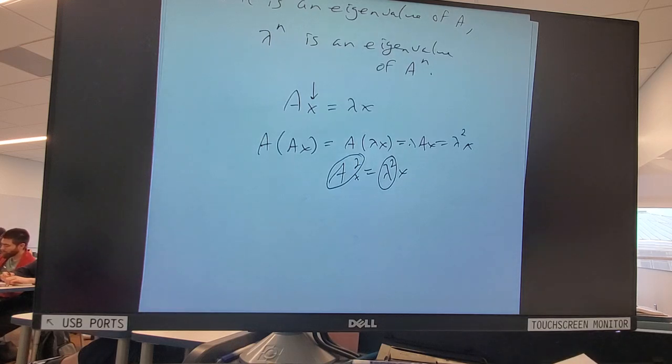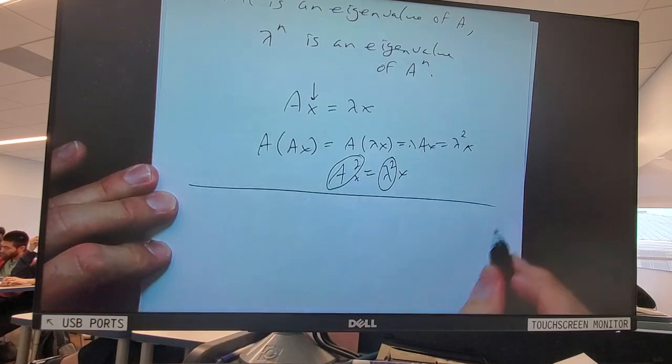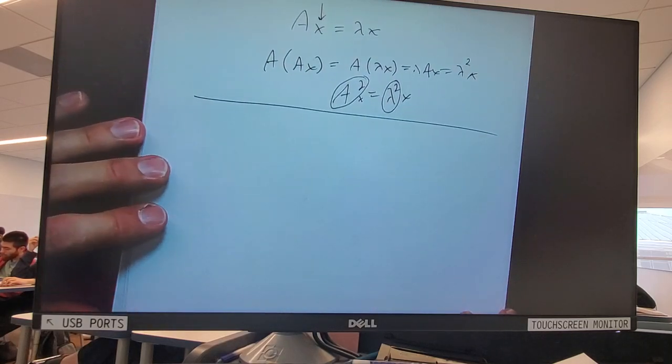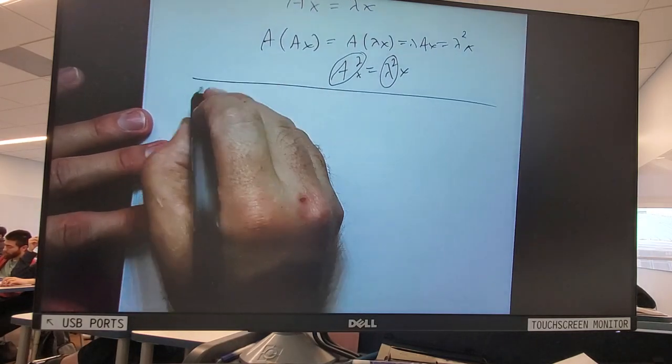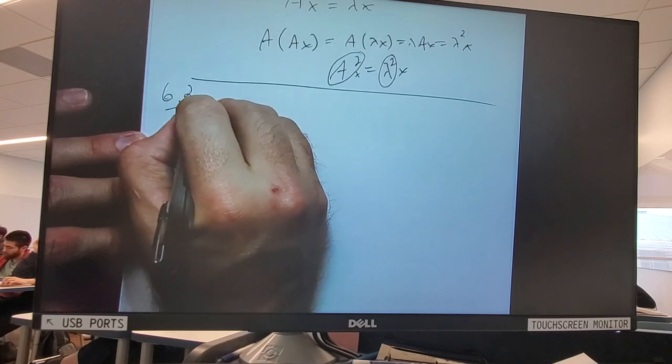All right. So the last thing I want to talk about today, don't get too excited. This gets trippy. This is 6.2 officially.